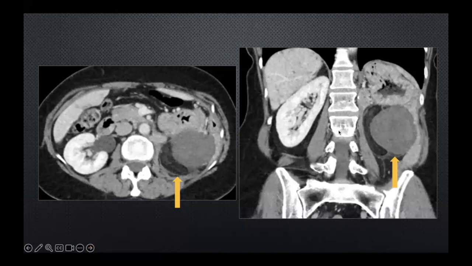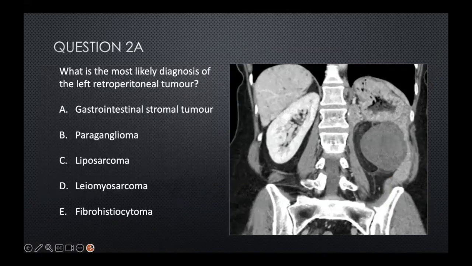We see that this tumor has a biphasic appearance. There is a soft tissue component more laterally, and then there is a medial component of fat density, although the fat is not entirely clean, with some stranding within.